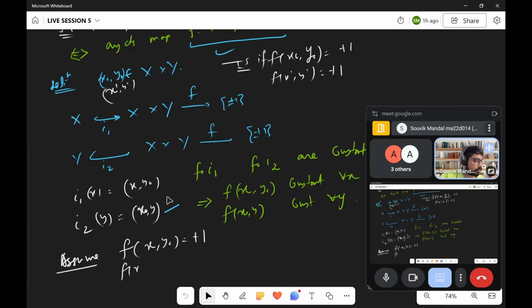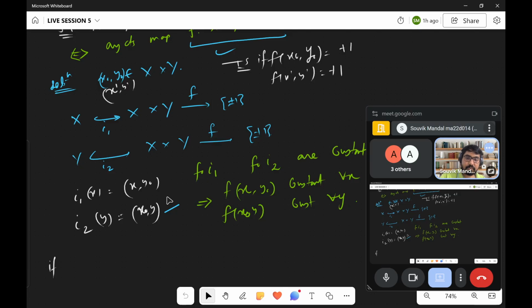This tells us that f of x comma y naught and f of x naught comma y are both constant.